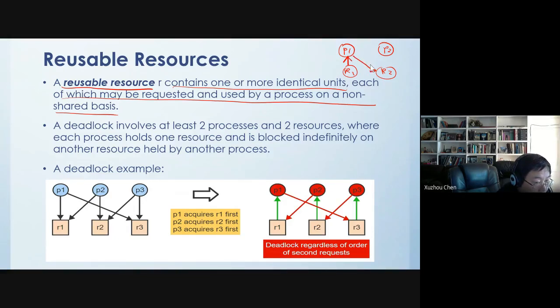And process 2 is currently holding resource 2, and process 2 requests resource 1. I assume that both resources have only 1 unit. That's the simplest deadlock case.